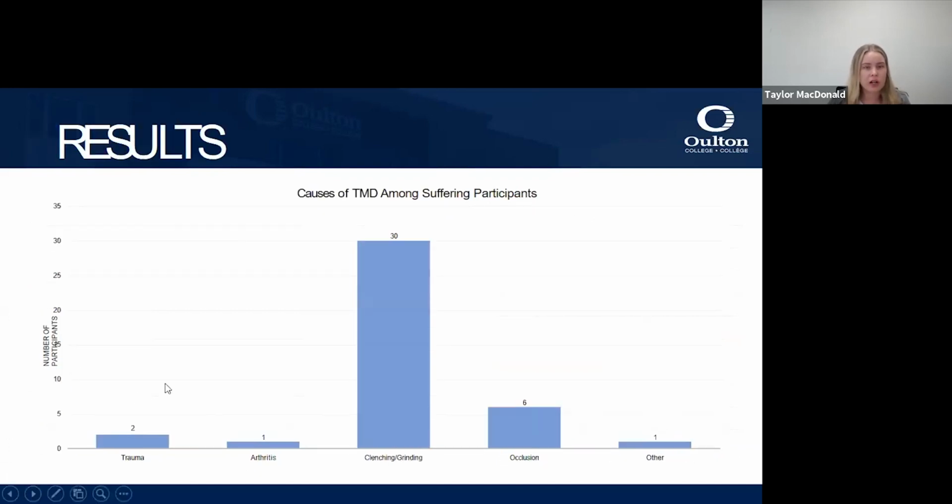So if we continue on, there's just a few more results here of the causes associated with TMD of the participants who answered our study. As you can see, it's quite large, the amount of people who had responded saying that clenching and grinding was the cause behind their TMD. Other issues definitely weren't as relevant, not to say that they're not there, but clenching and grinding was definitely in the lead for the causes.